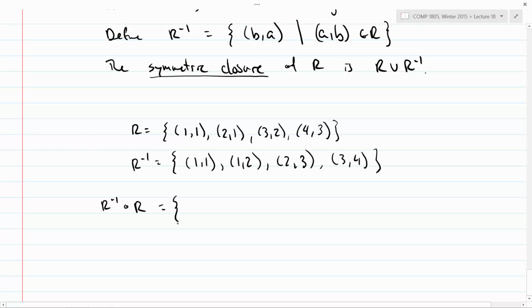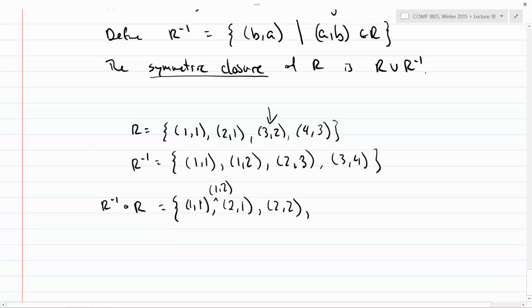So I have (1,1) on top, (1,1) on the bottom, so I get (1,1). I have (2,1) on top, I have (1,1) here, so I get (2,1). I have (2,1) on top, (1,2) on the bottom, so I get (2,2). Oh, I left out (1,2), sorry. I go to the next one, which is (3,2).